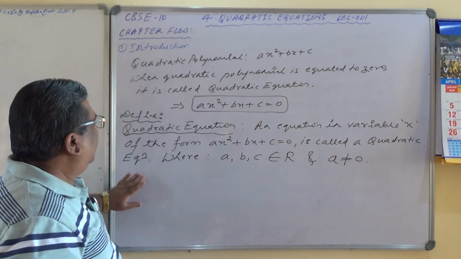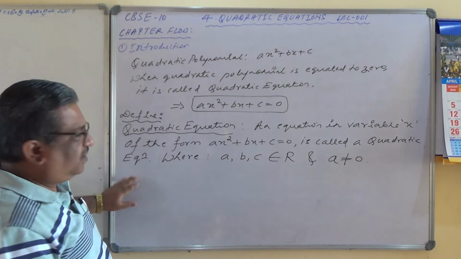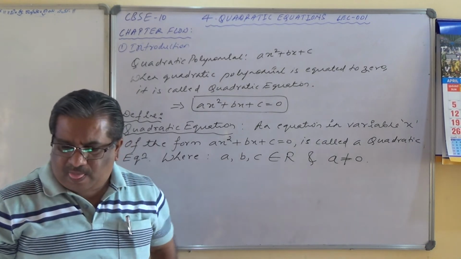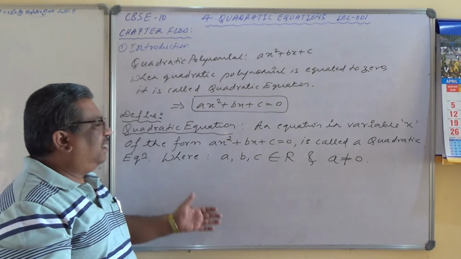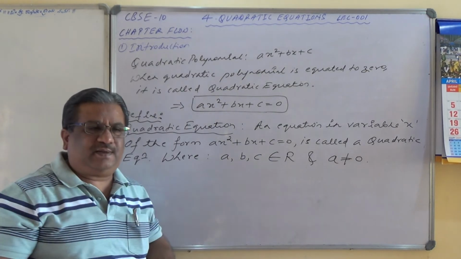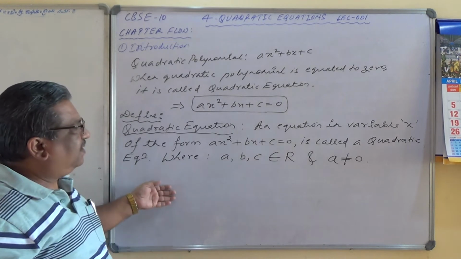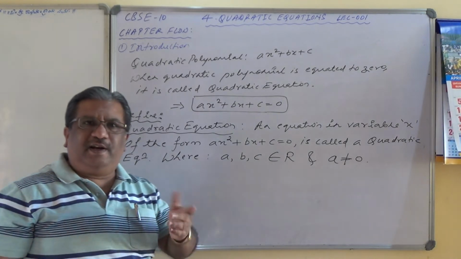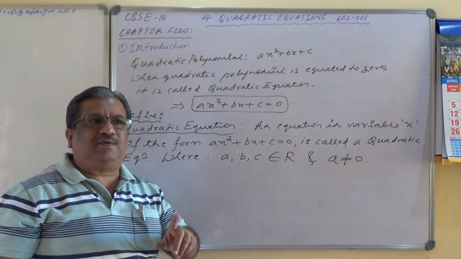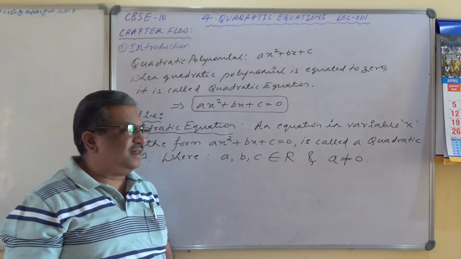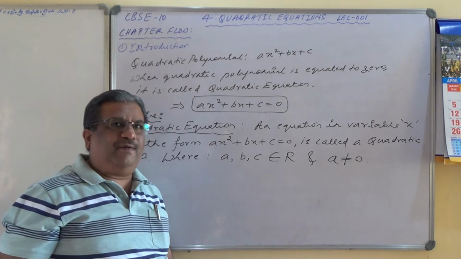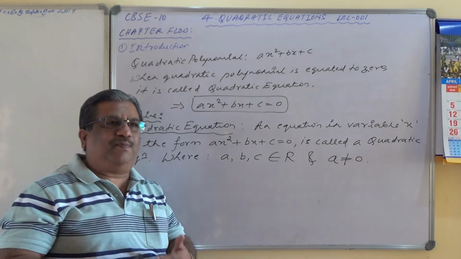Okay, fine. After defining this quadratic equation, let us see the alternate definition. If p of x is a polynomial of degree 2, then p of x equals 0 is called a quadratic equation. Here I am taking the help of an alternate definition in terms of polynomial.